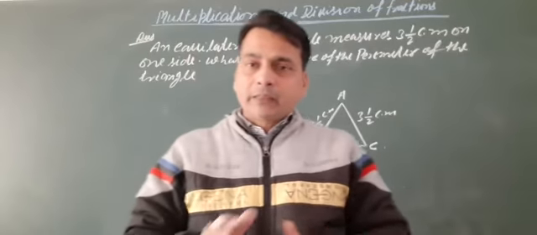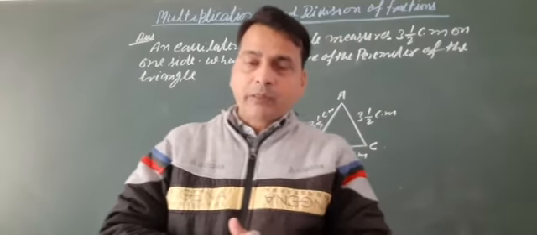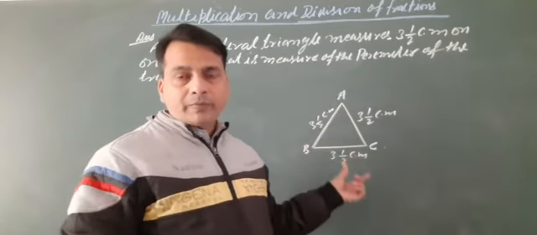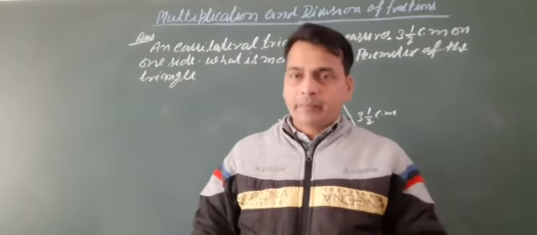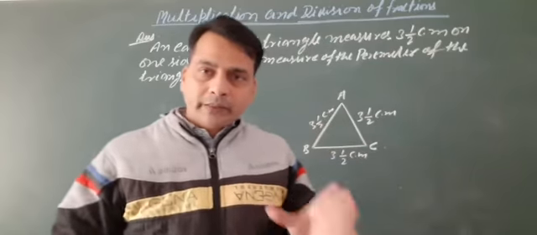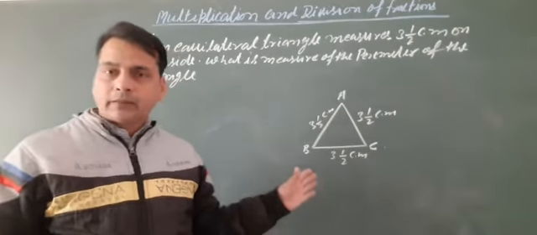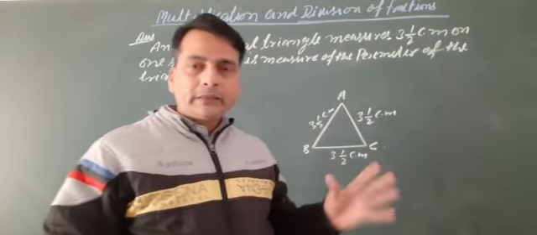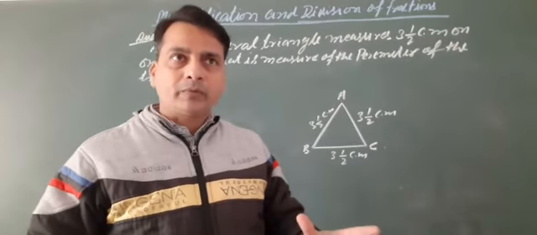The perimeter means the length of the boundary, or the sum of all sides in the given figure.